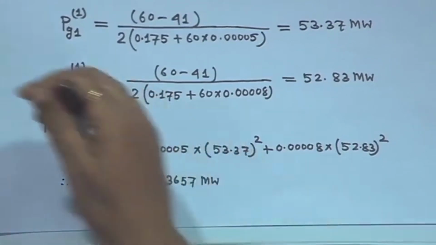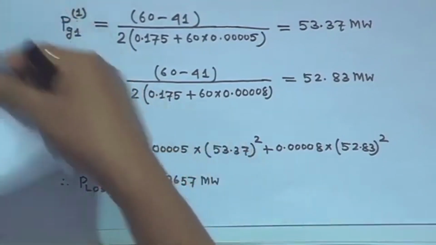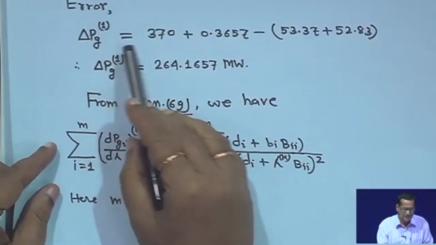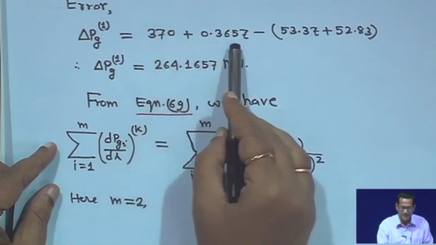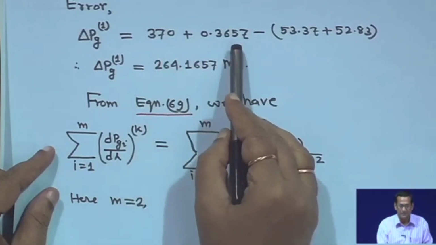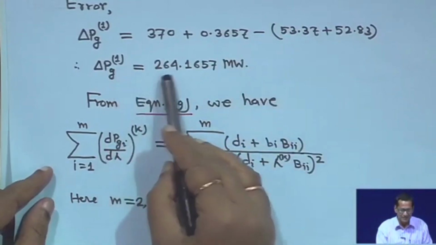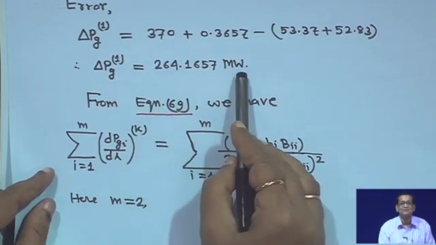Once you get it, you check the mismatch: delta Pg1 is equal to 370 plus the loss 0.3657 minus the two generator generations. It is coming to 264.1657 megawatt.